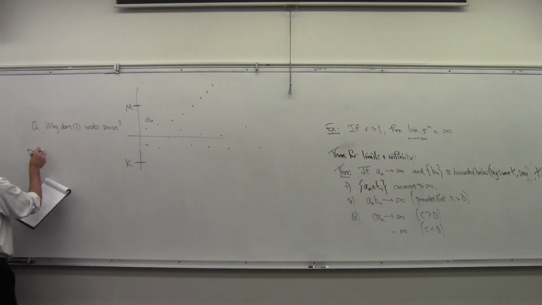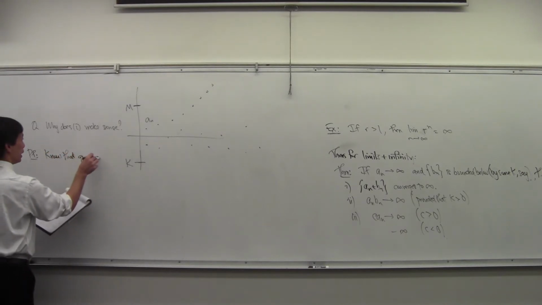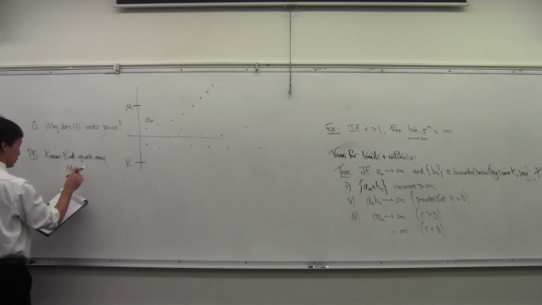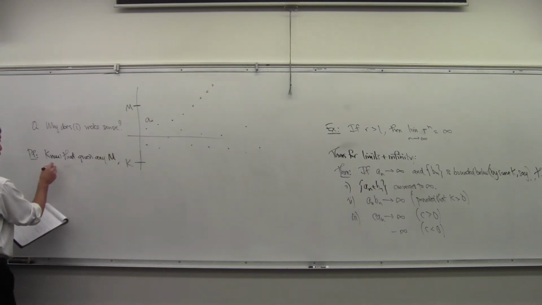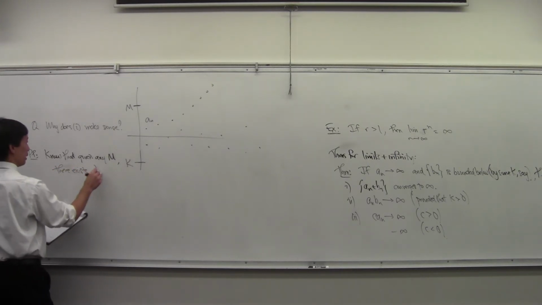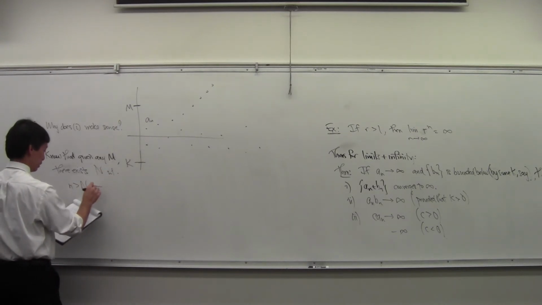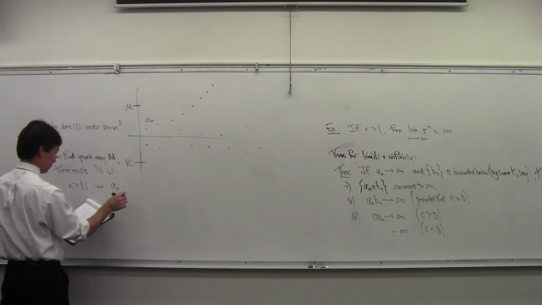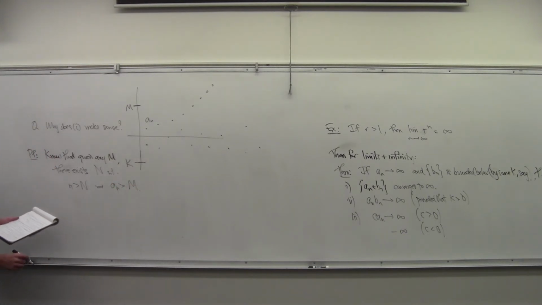So we know that given any m, there exists an N such that if n exceeds N, then a sub n exceeds m.